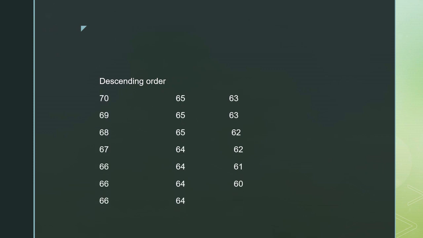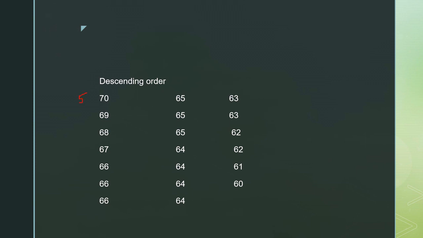So the solution is, first of all, we write the array in the descending order like this. Okay. So here 70, 69, 68, 67, 66, 66, 66, 65, 64, then 63, 62, 61, 60. So which value in which percentage we got?